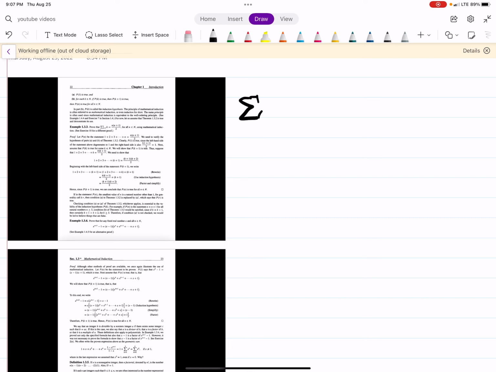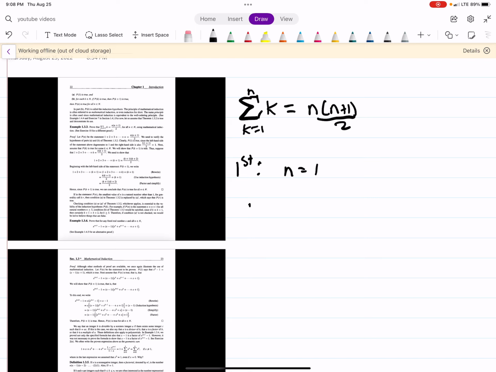that the sum from k equals 1 to n of k is equal to n times n plus 1 over 2. By doing induction, the first thing you would do, step 1, is let n equal 1.